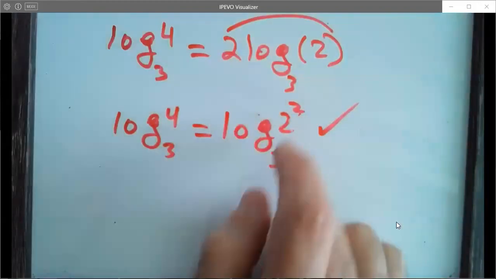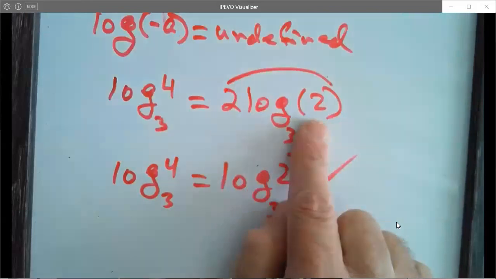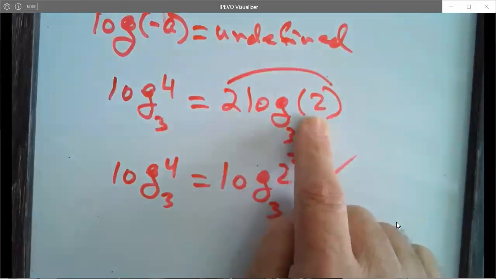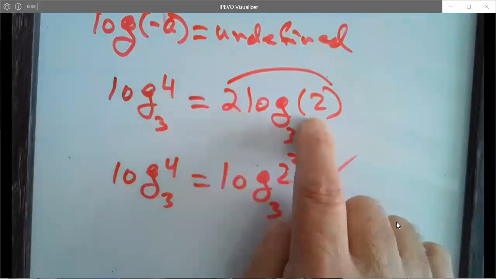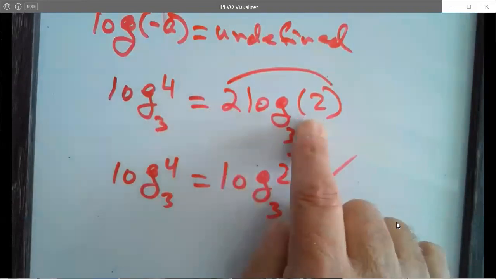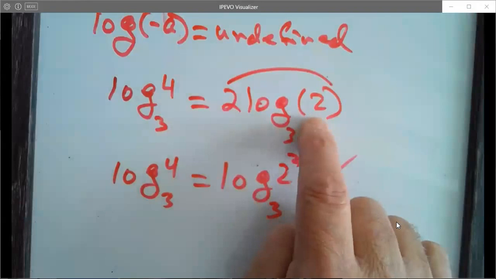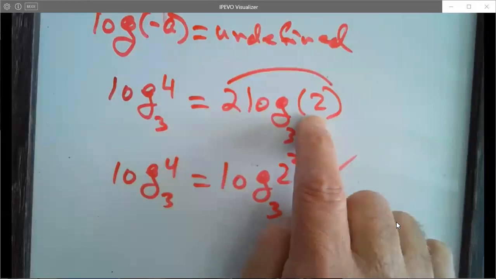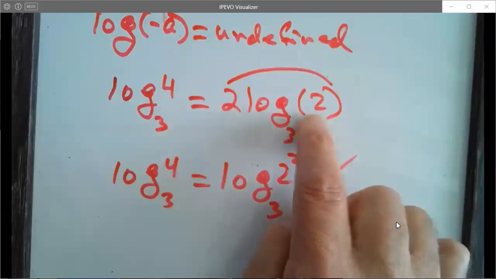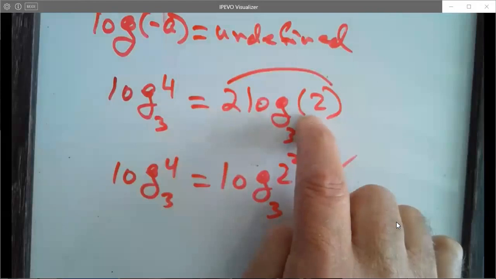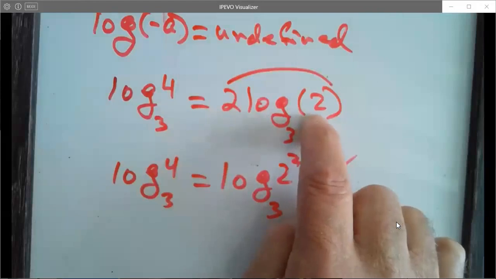First you check to see, can I use this before I move that exponent up? If you have a log of a negative number, then you can't use it because it's undefined. So you check to see, can I even use this first? Yeah, 2 is good, it's not a negative number.